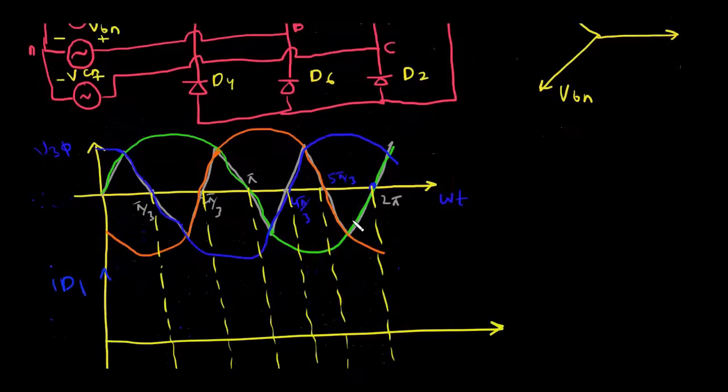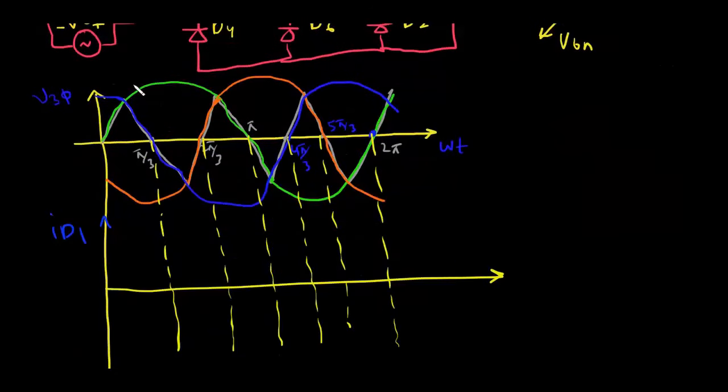If you look here, this is VAN, this is VBN, this is VCN. From pi by 6 till pi minus pi by 6, VAN has the highest value.